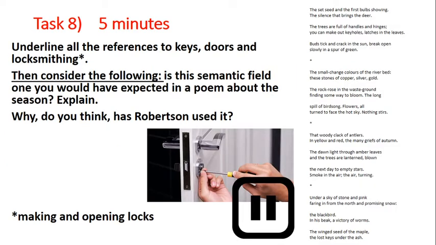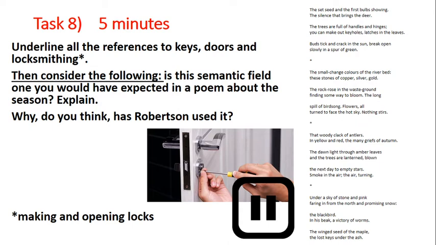Right. Next task, I would like you to go back to the poem, and I would like you to please underline all the references to keys, doors, and locksmithing. Locksmithing basically means anything to do with making and opening locks.